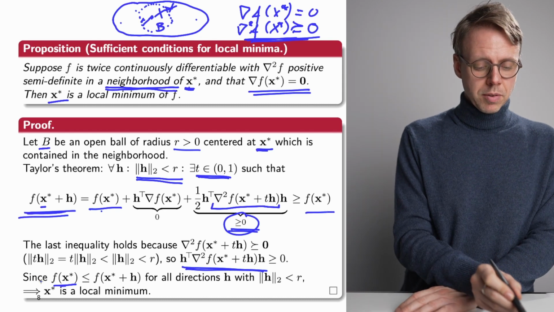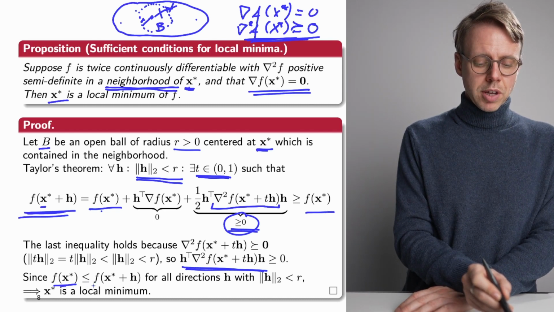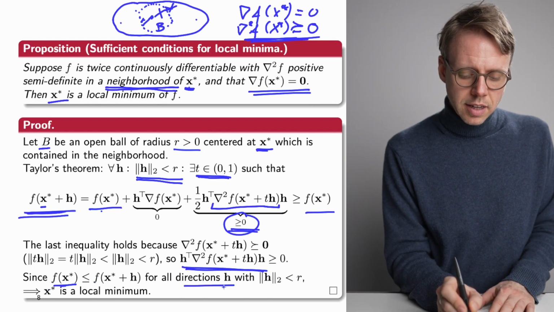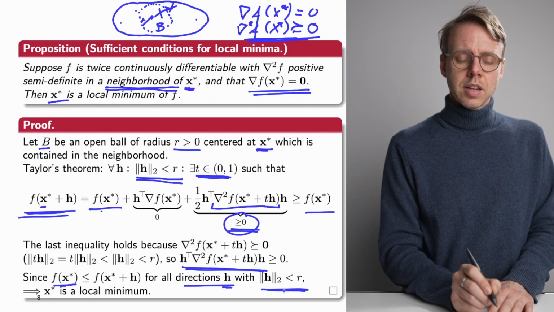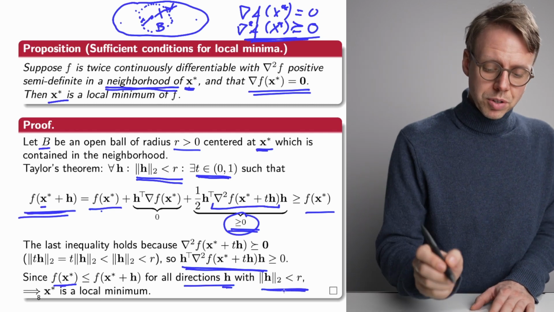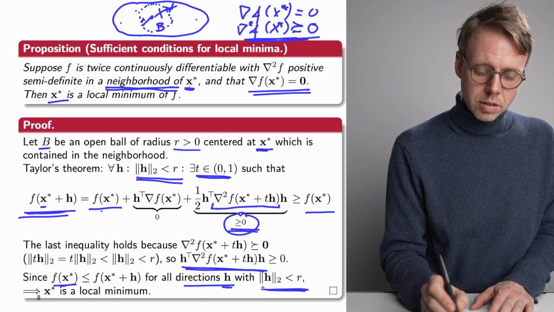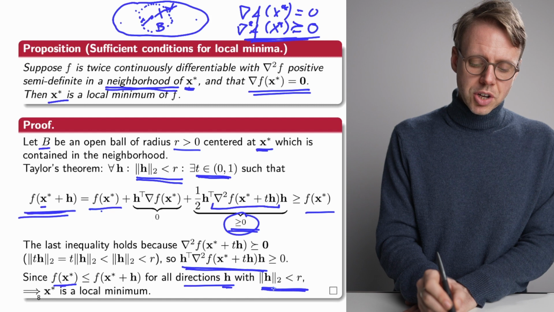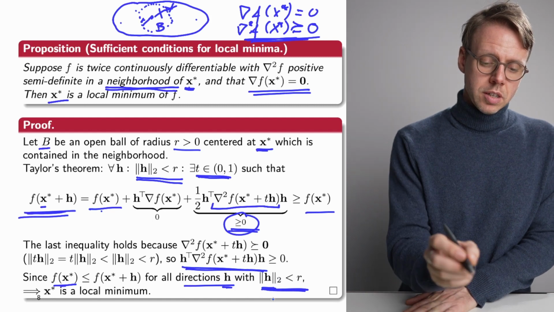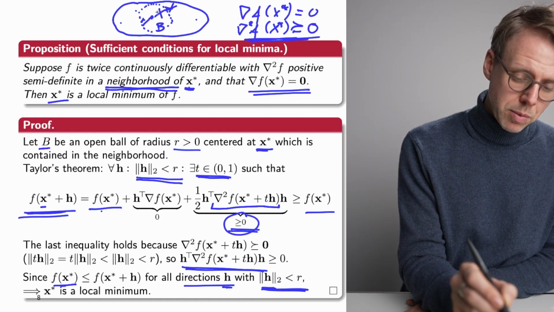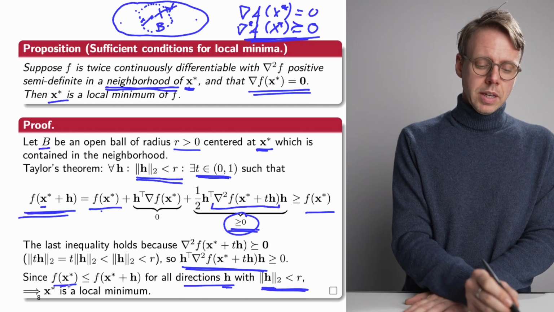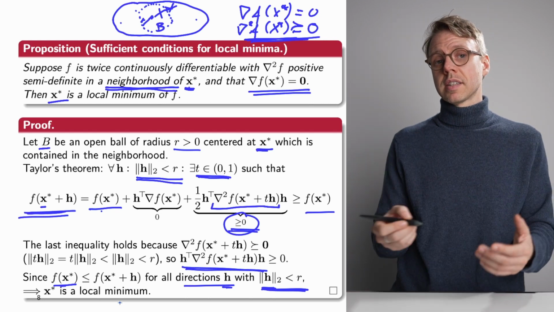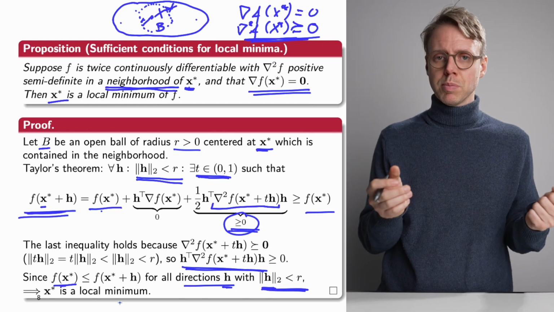So the other way around, we know that f of x star is smaller or equal to f of x star plus h for any h within this ball. So for any directions where the radius of the ball is larger than the norm of h. So no matter where we go in this ball, we get that f of x star is smaller or equal to f of x star plus h. Thus, x star is a local minimum.